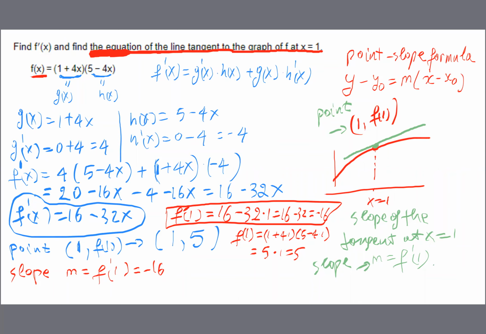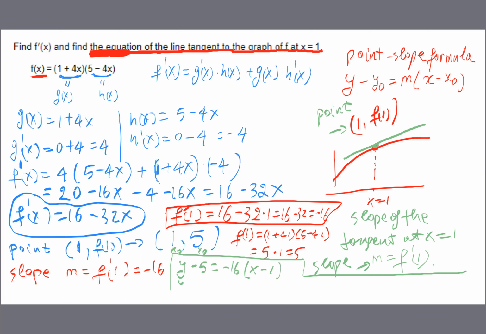Okay, so let's use the point slope formula. y minus y0, so y0 is 5, equals the slope negative 16 times x minus x0, and that is 1.